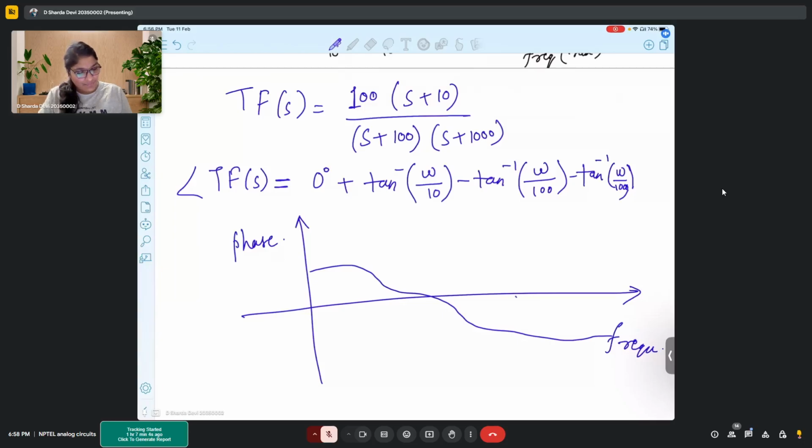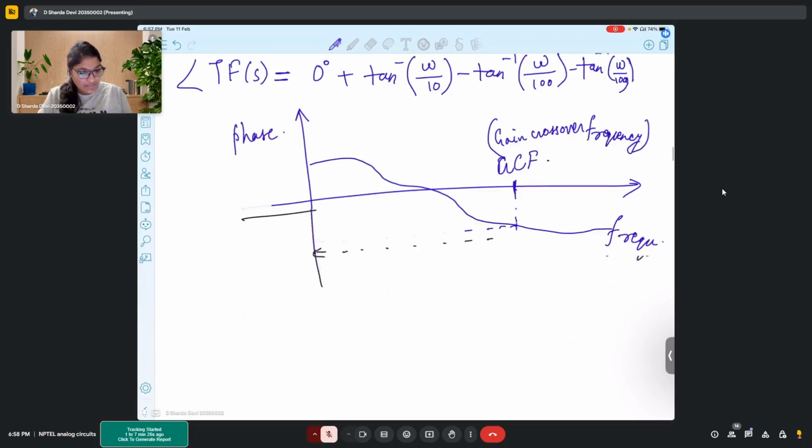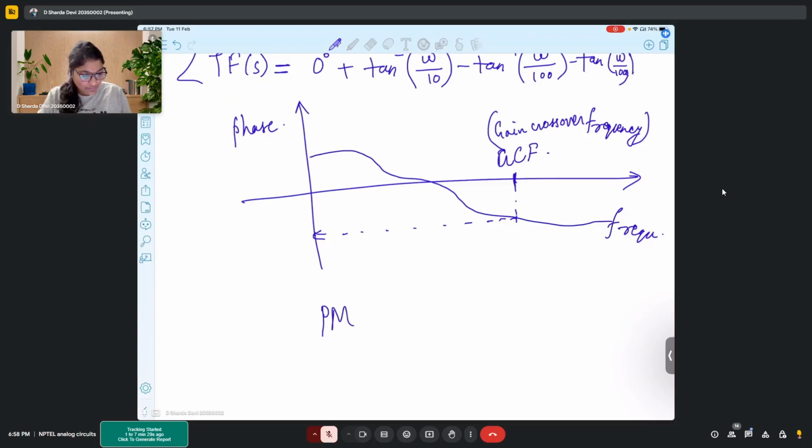And let's say if this is my gain crossover frequency. At my gain crossover frequency, whatever the phase value is, this particular phase is used in calculating the phase margin. 180 degrees minus 5.